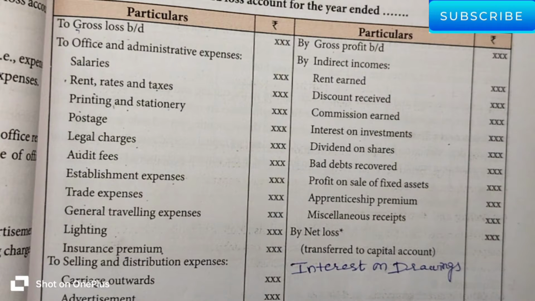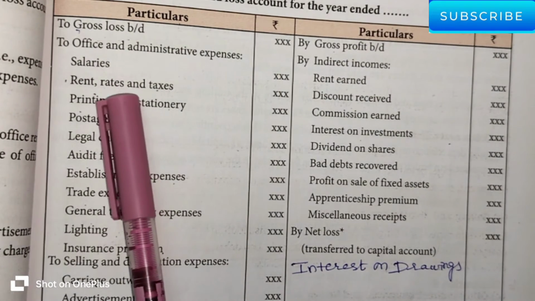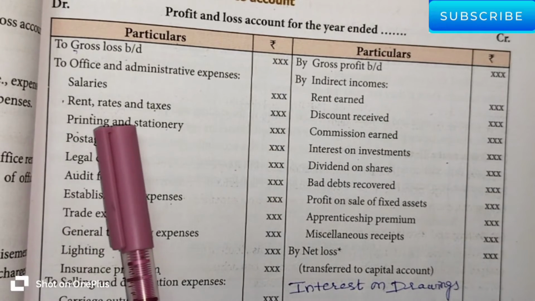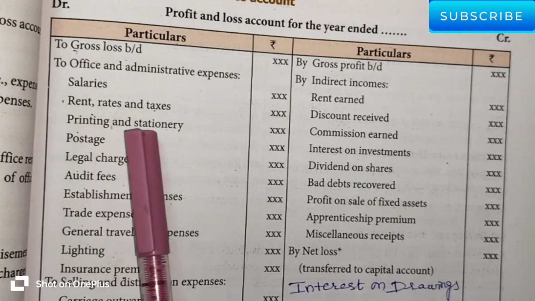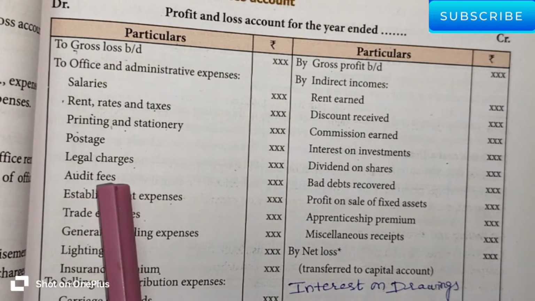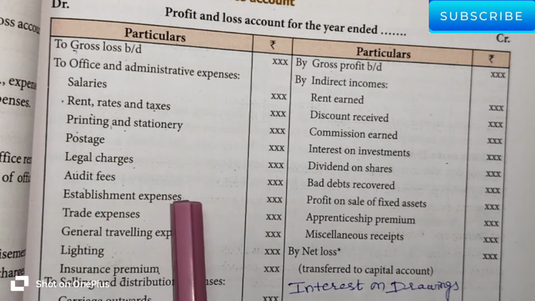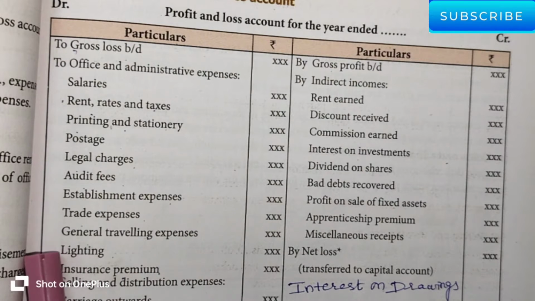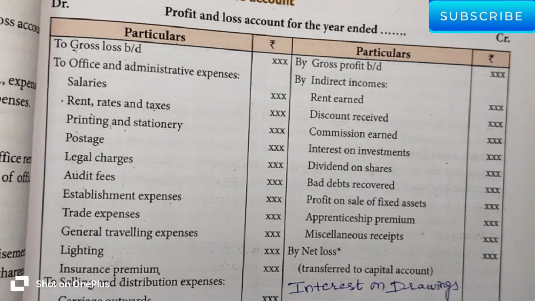What items come under office and administrative expenses? That is salaries, rent, rates and taxes, printing and stationery, postage, legal charges, audit fees, establishment expenses, trading expenses, general traveling expenses, lighting, insurance premium, etc.